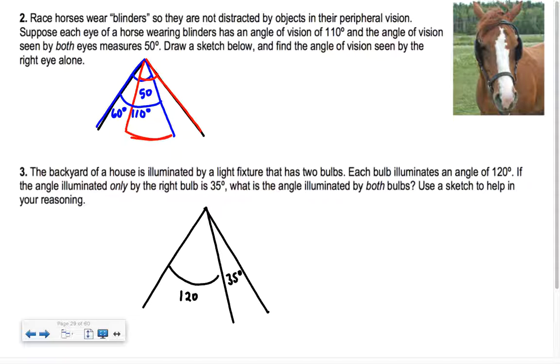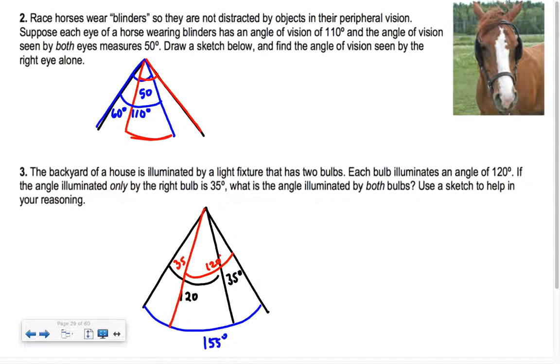So if I want to find the angle of the yard that's illuminated by both, it would be 120 plus the 35. So it would be 155. There's a lot going on there. There's another angle here that is also 35 and 120, but together it makes that 155. It's kind of weird.